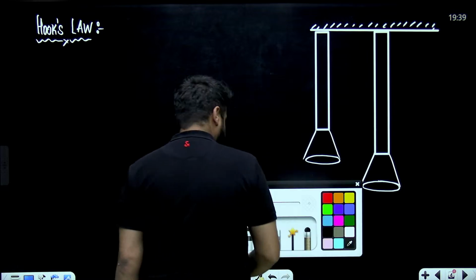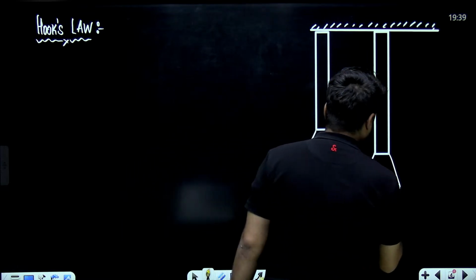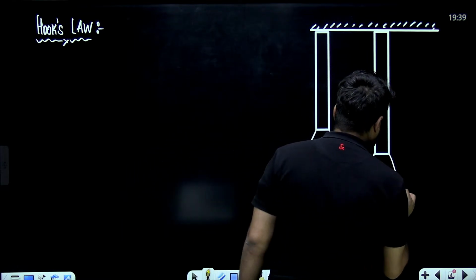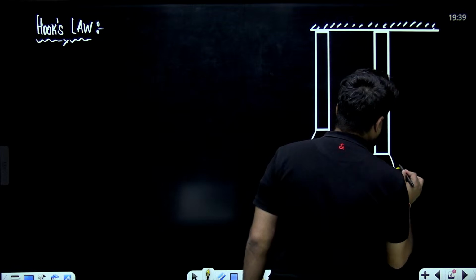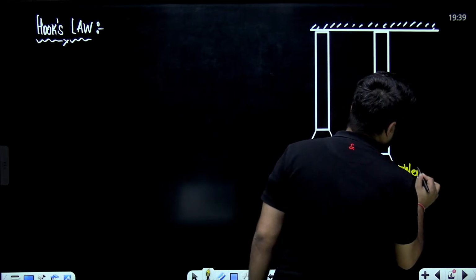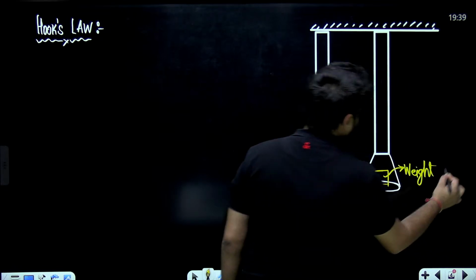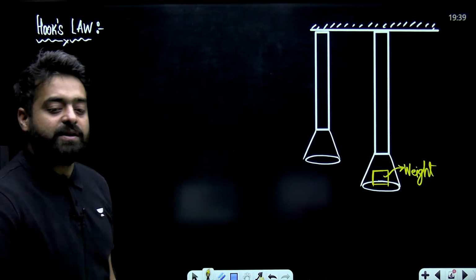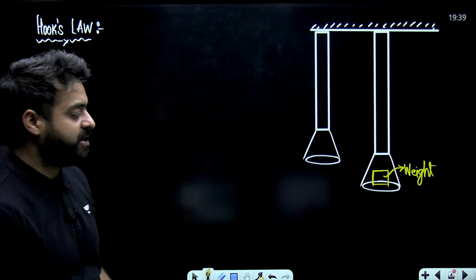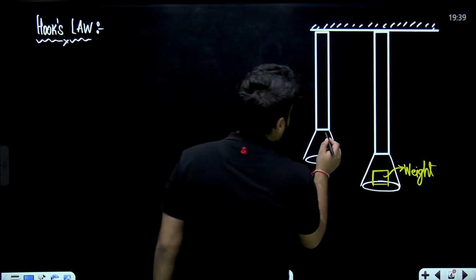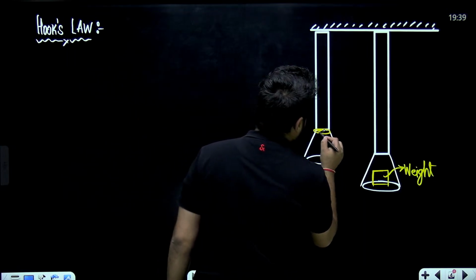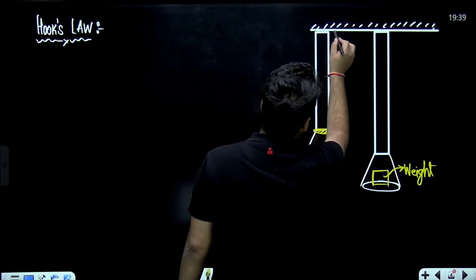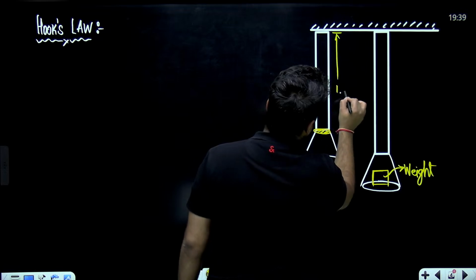They put some weight in the second condition. In the first condition, there is no weight, it's totally blank. There is a cross-section area, and this is the original length.